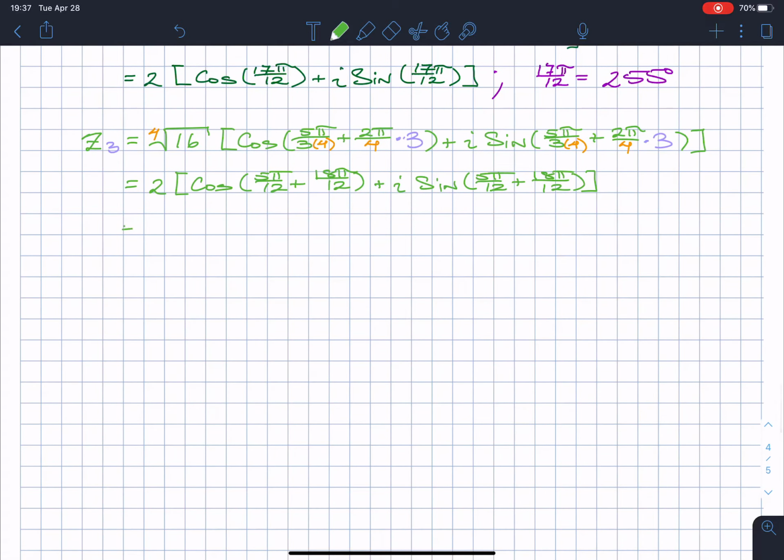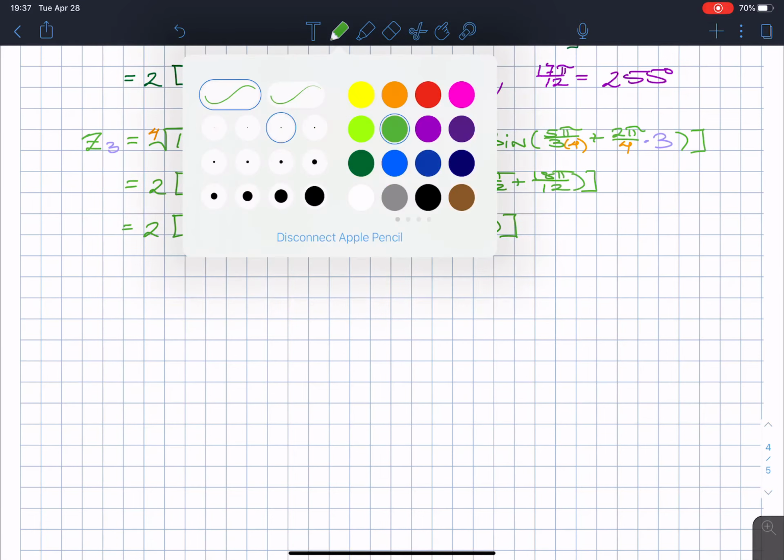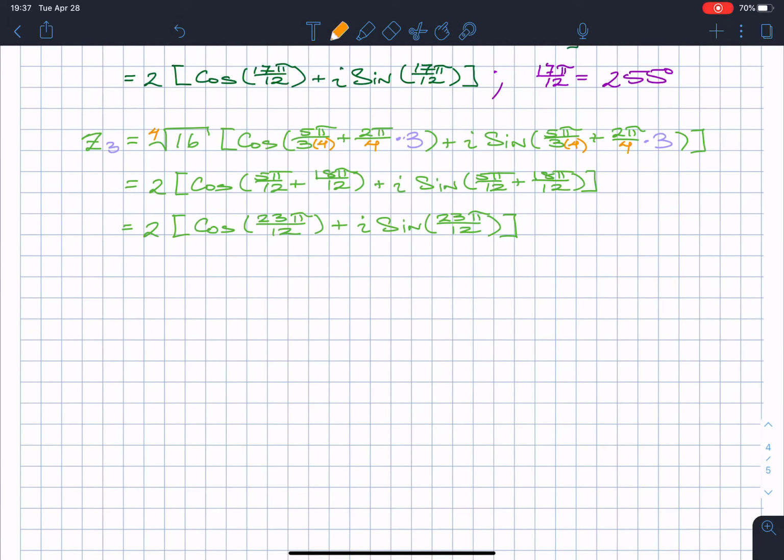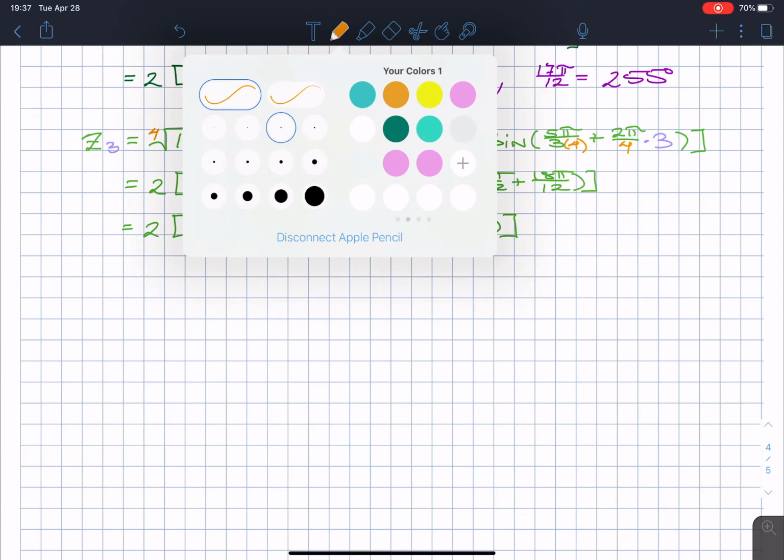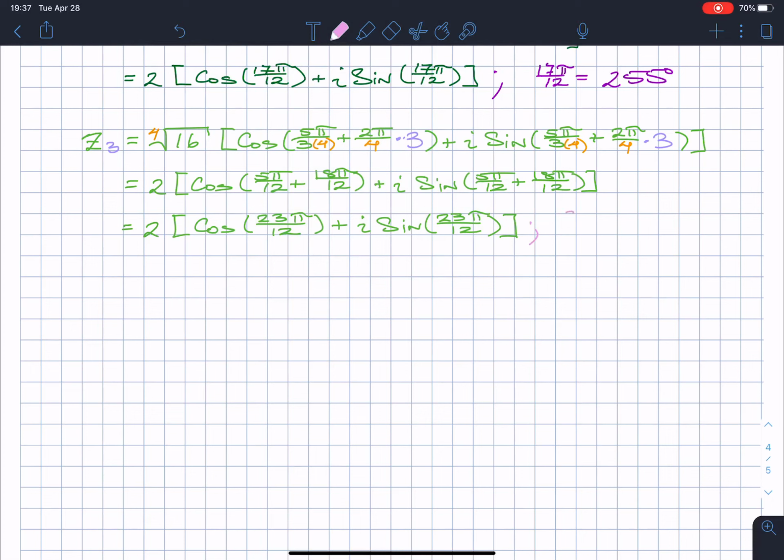Okay, so what is 5 and 18? It's 23. So cosine of 23 pi over 12. So I'm 1 pi over 12 shy of being full circle. So i times sine of 23 pi over 12. So I'm 1 pi over 12 shy of 360. So what that means is that, what color should I use? Use light pink. 23 pi over 12.